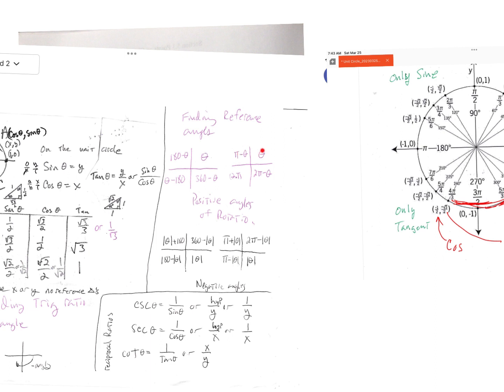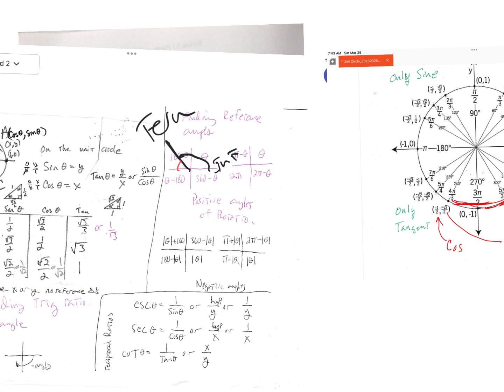As soon as you get over here in quadrant 2, remember the reference angle is the angle made between the terminal ray, this is the initial ray, remember, and this is the terminal ray where it ends, and the x-axis.